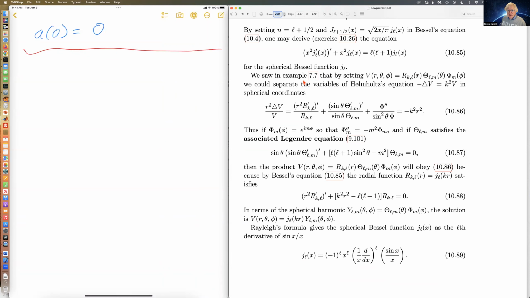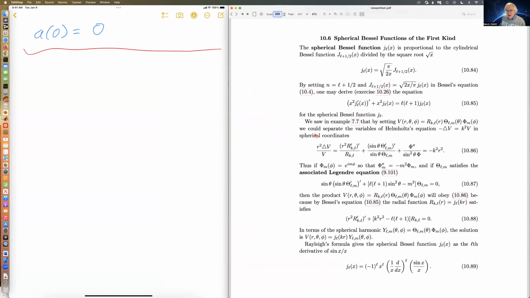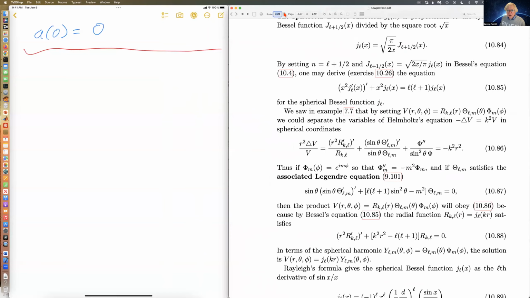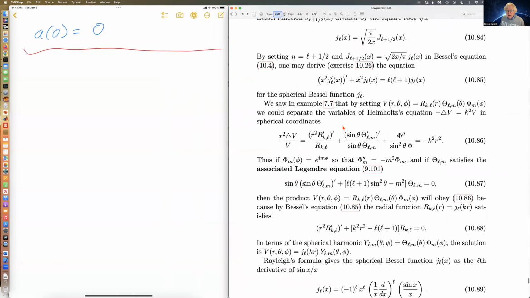These occur in the spherical Helmholtz equation, like this. And if we set phi equal to e to the i m phi, then the Helmholtz equation looks like this.